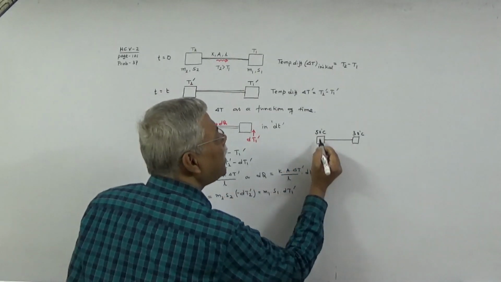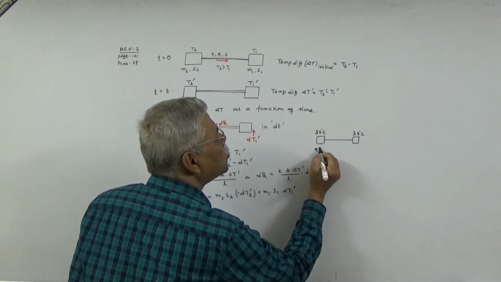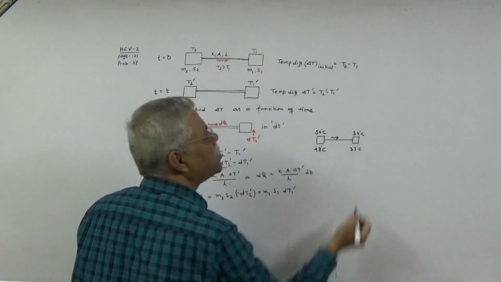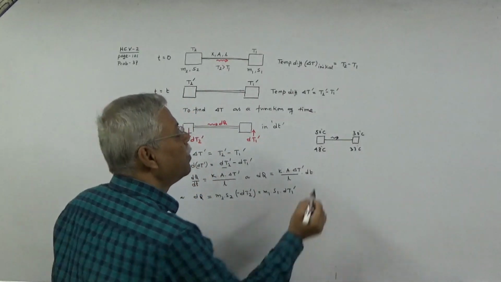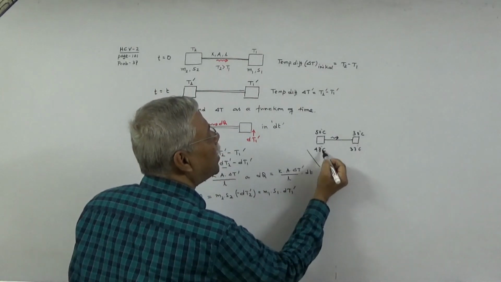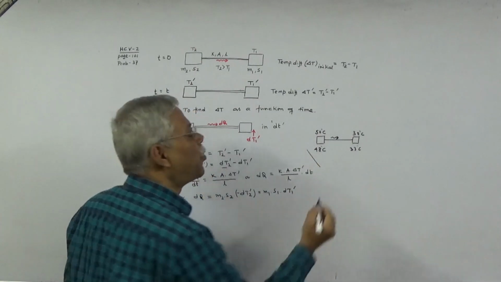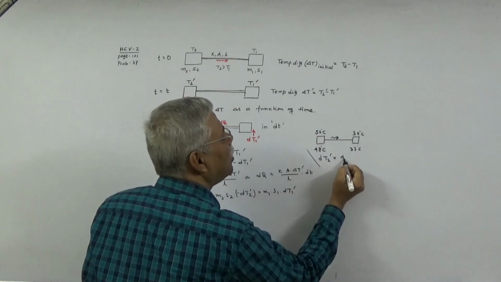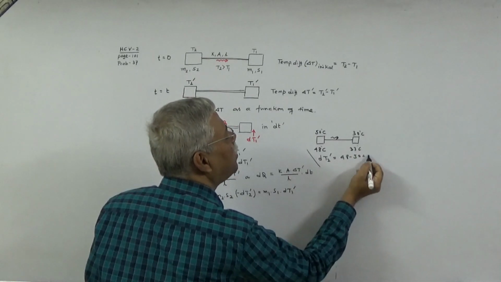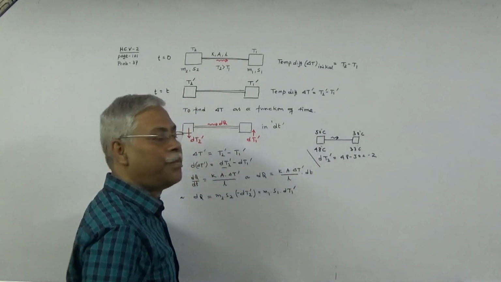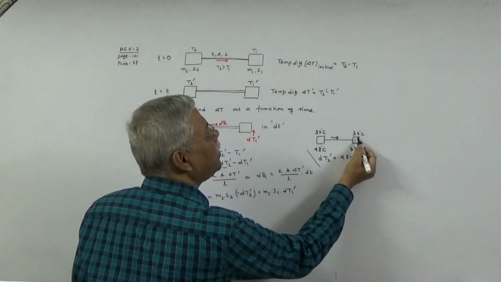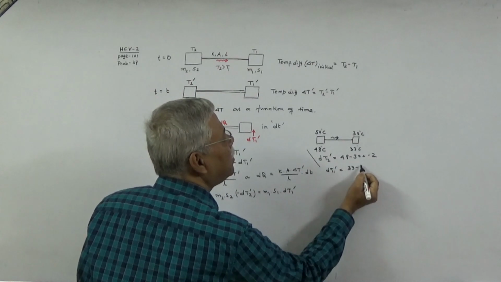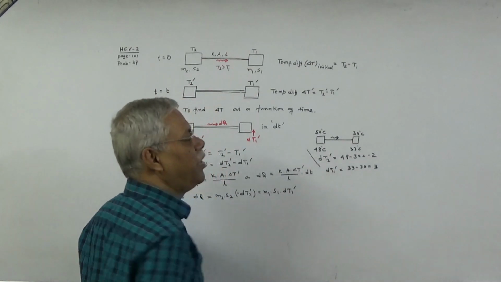Then in a small time, temperature of this body drops to 48 degrees centigrade and temperature of this body rises to 33 degrees centigrade. If you now calculate the change in temperature for this body, that means we are calculating dT2 dash, then it will come out to be 48 minus 50, it will be minus 2. While you are calculating the temperature difference for the other body, we will write it as 33 minus 30 and it will be 3.